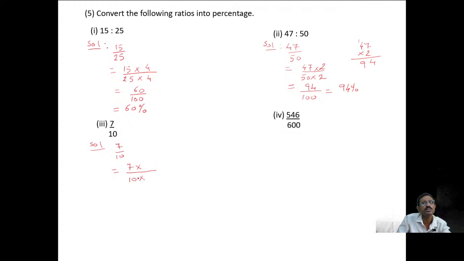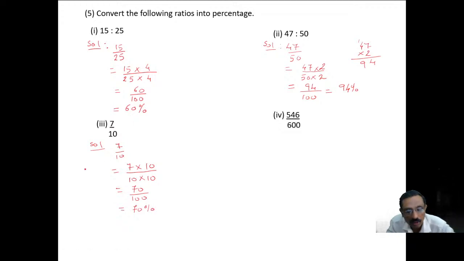Now everyone knows this. 10 multiplied by what gives me 100? 10 tens are 100. Similarly, I am going to take this 10 and multiply it here. This is equal to 7 tens are 70 upon 10 tens are 100. So 70 upon 100 is 70%.